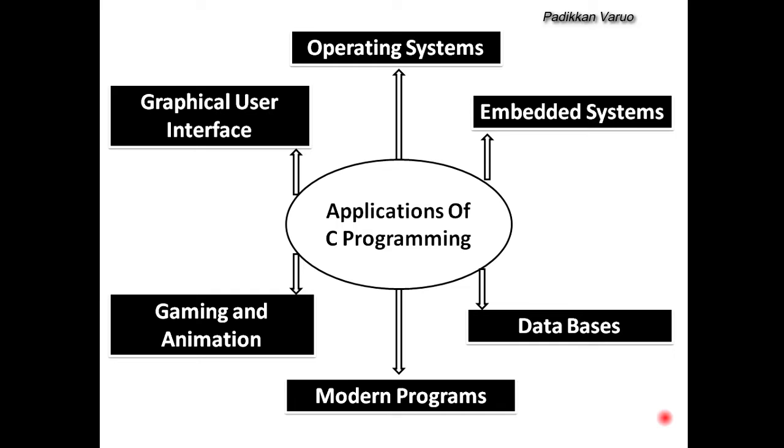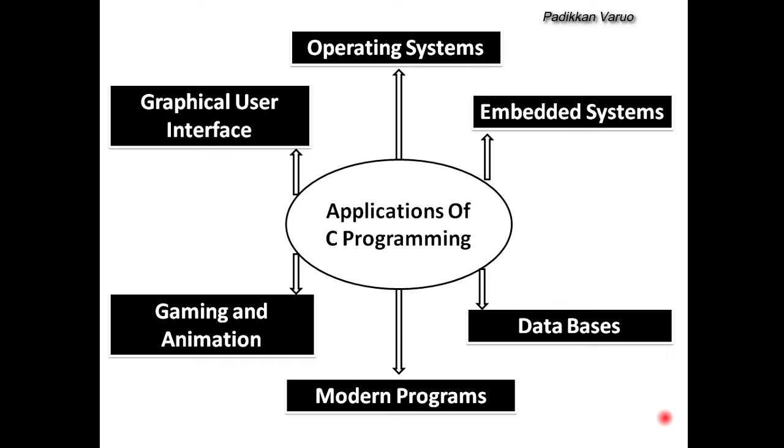In a similar manner, why are we studying this particular programming language, C? What are the applications of C? We can develop a lot of system software with the help of this programming language. So operating systems can be developed with the help of C programming. Then a lot of device drivers and embedded systems can be developed with this programming language. A lot of databases or database management systems can be developed with this programming language.